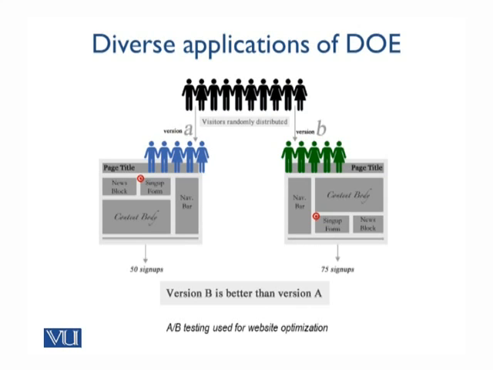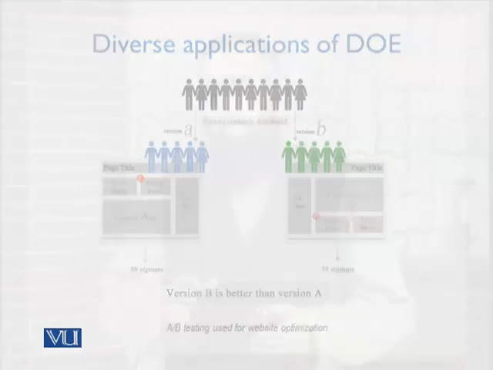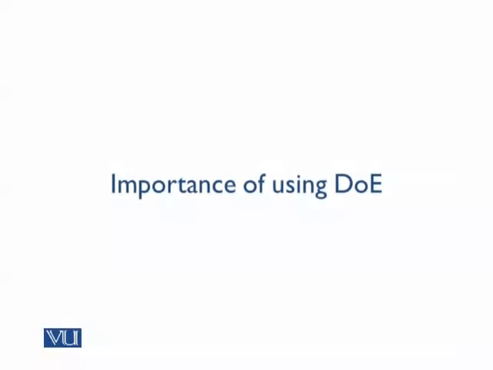And this is just one of the areas in which design of experiments is used. It is extensively used also in business, because when we're trying to optimize in industrial settings, even a small change can lead to large savings in the long run.